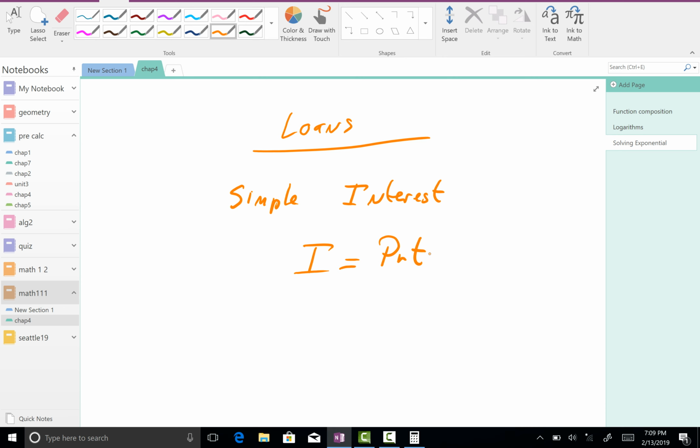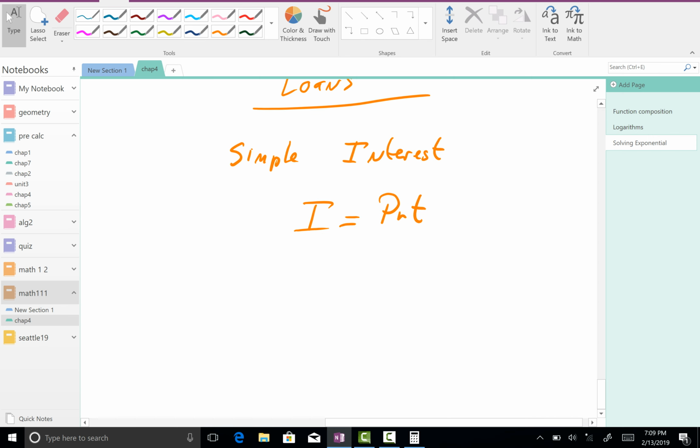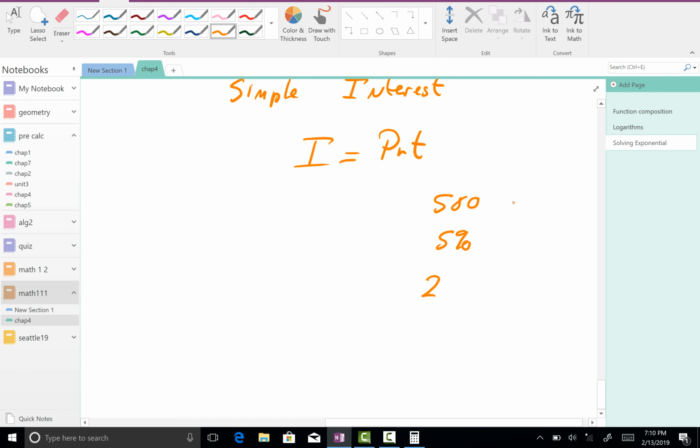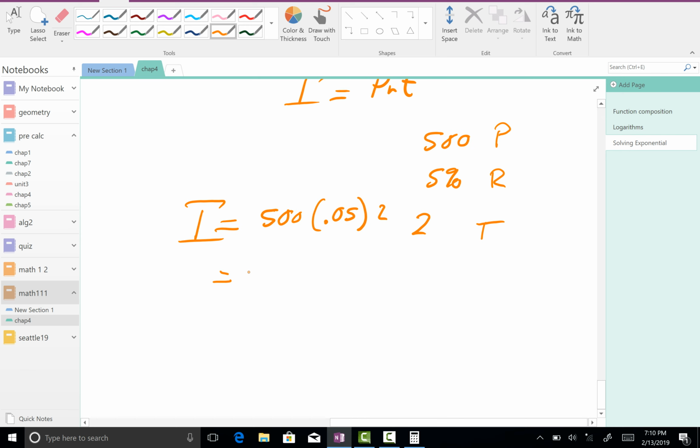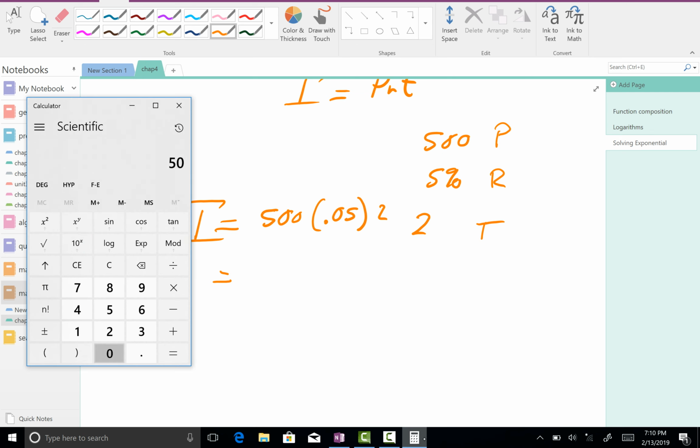So if you loan somebody some money and you want to apply an interest rate, if we had $500 at a rate of 5% over 2 years, this would be your principal, this would be the rate, this would be the time. So the amount of interest that would be paid would simply be 500 times 0.05, because you have to change that to a decimal, times 2. That's just a real simple interest formula.